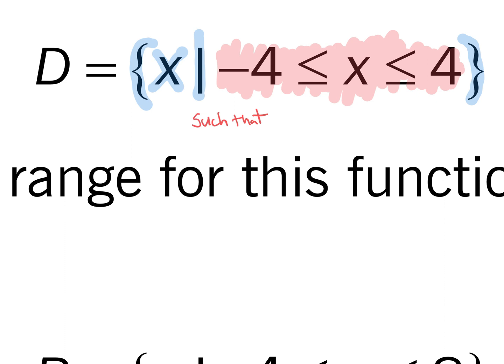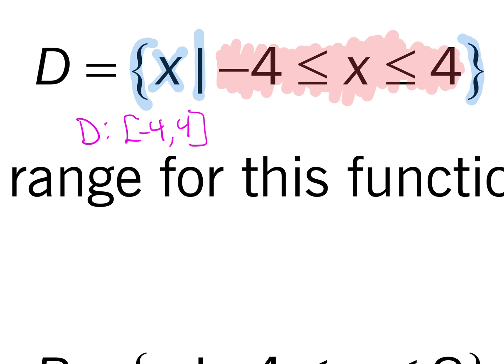Now, there's an easier way to write the domain. You can also do it this way. This is called interval notation.